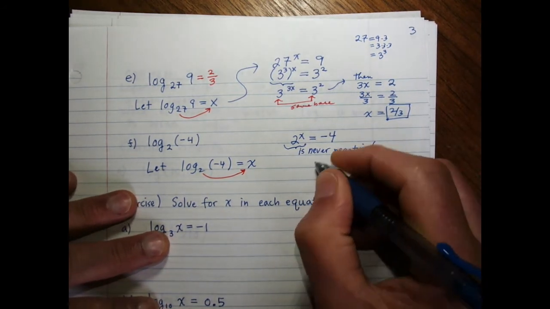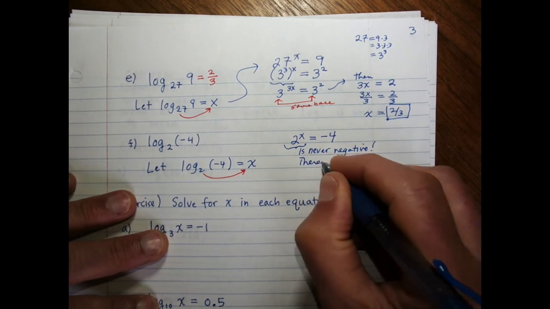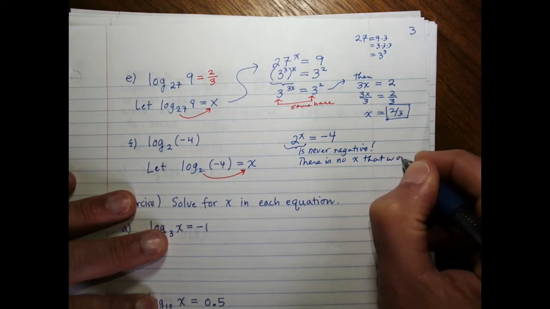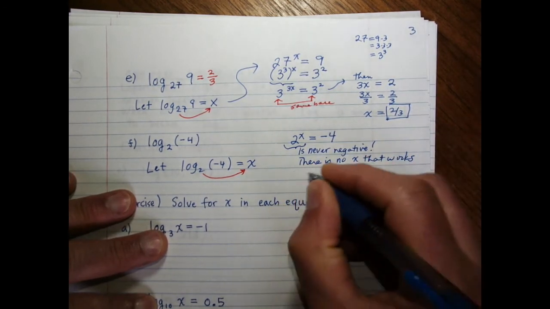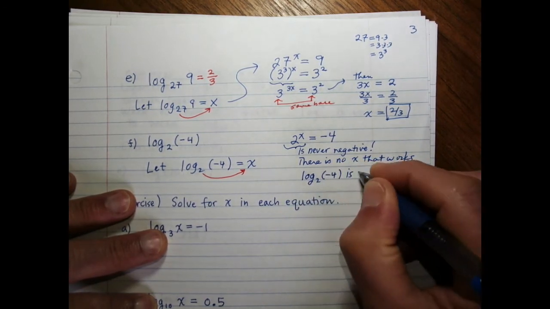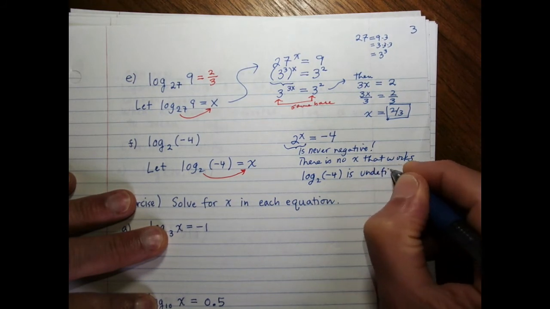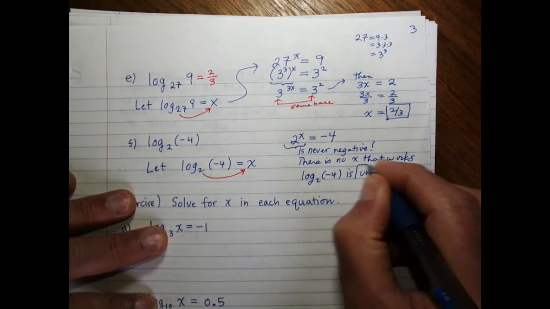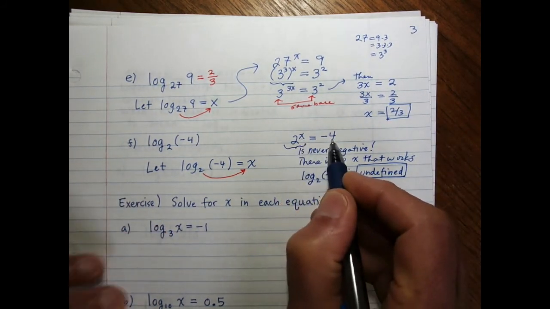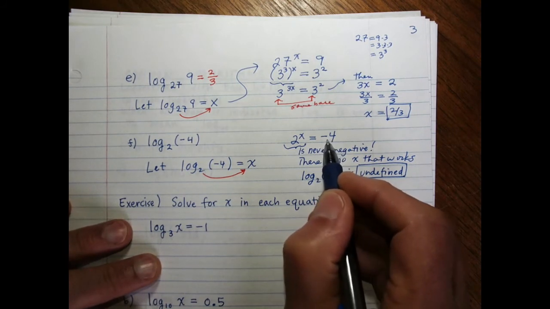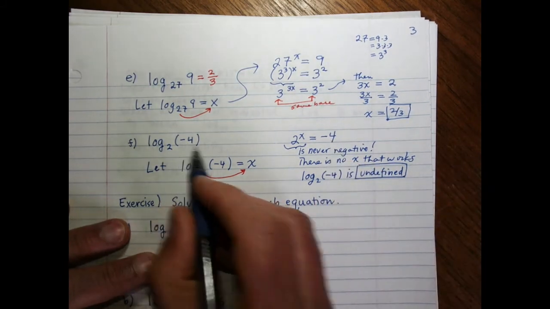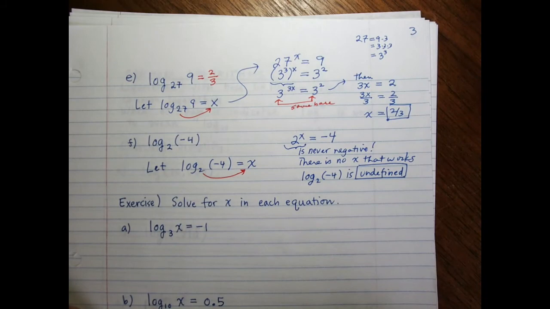So there is no such value of x. There is no x that works. So log base 2 of negative 4 is undefined. No such number. There's no way 2 to a power could actually be equal to negative 4. That's not negative 2 squared. Negative 2 squared would be positive 4. So here's an example of a log expression that's undefined.